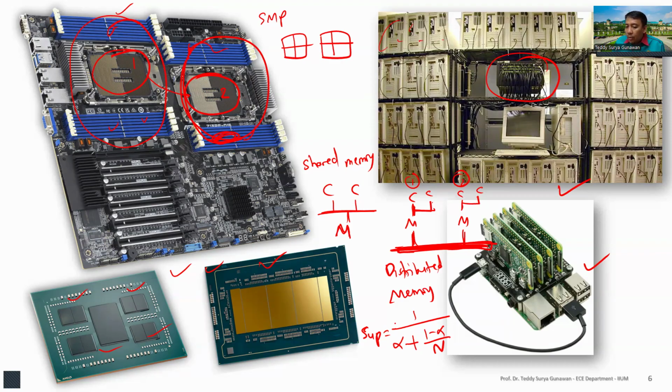The I/O also contributes to alpha. If alpha is high, the speedup will be lower. Here alpha is very small, so the speedup will be higher. Here, because of the communication line, alpha will be higher, so the speedup will be lower. But in a way, it will still be faster compared to using only one computer.